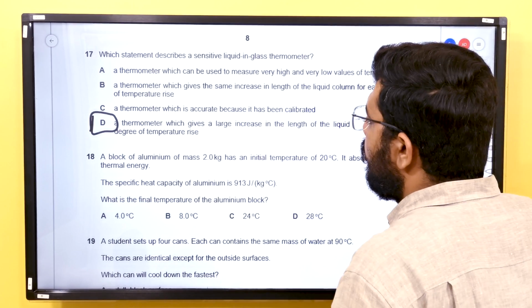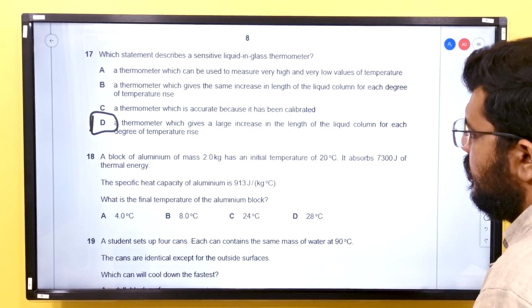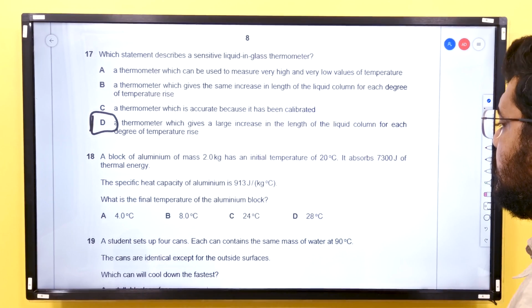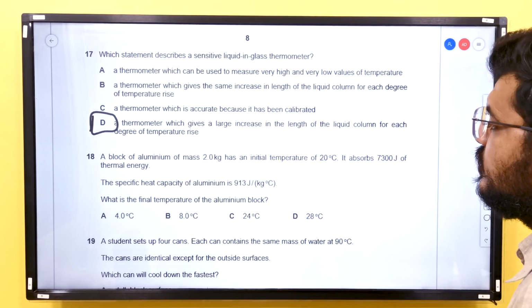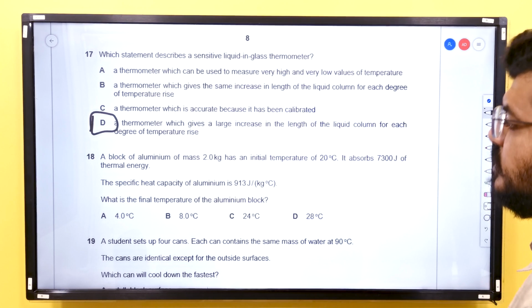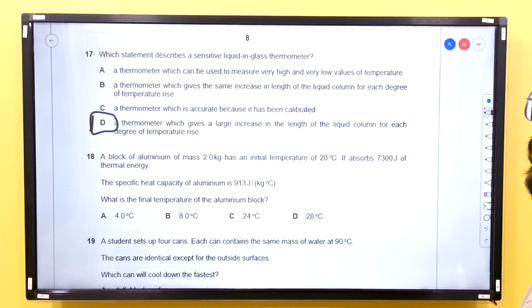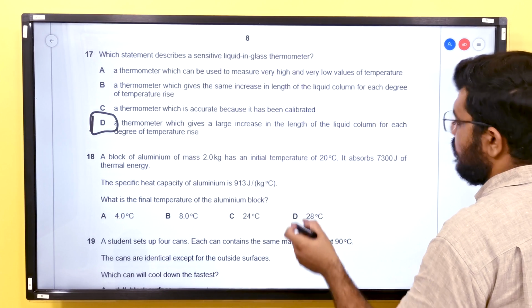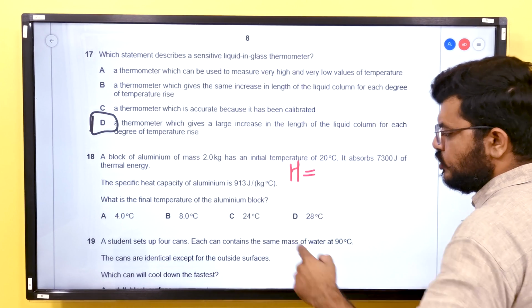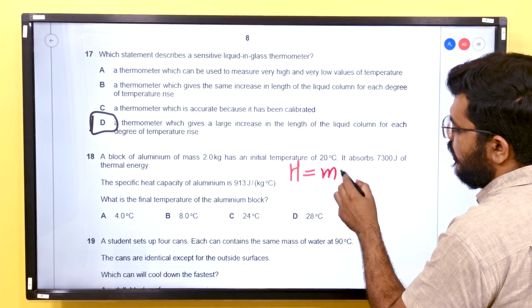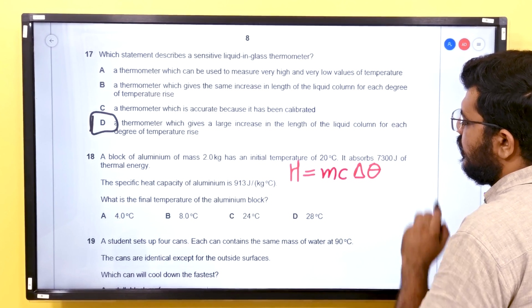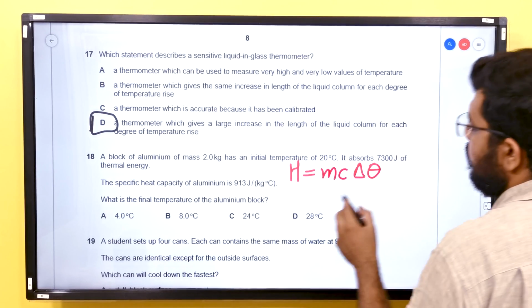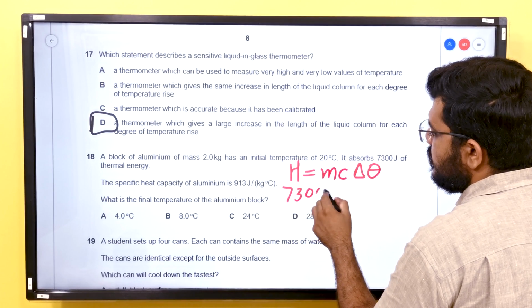Question 18. A block of aluminium has mass 2 kg, has an initial temperature of 20 degrees Celsius, and absorbs 7300 joules of thermal energy. Specific heat capacity of aluminium is 913 joule per kg degree Celsius. What is the final temperature of the aluminium block? To do this, let us write the formula: heat energy absorbed or given out is equal to mcΔθ, right? The heat energy is already given, 7300.